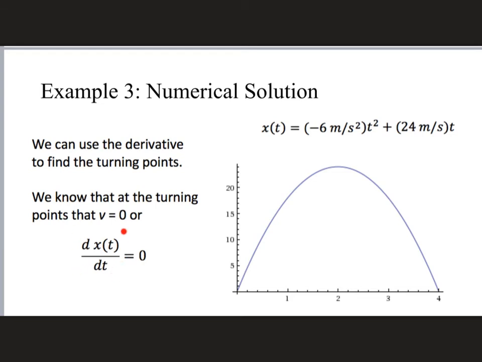Remember, the derivative represents the slope of the tangent line to the curve. At the turning point, we expect that slope to be 0. So if we take the derivative of our function and set it equal to 0, that will let us solve for the time when the object turns around. Then we can plug that time back into our position function, and that will give us the position where it turns around.